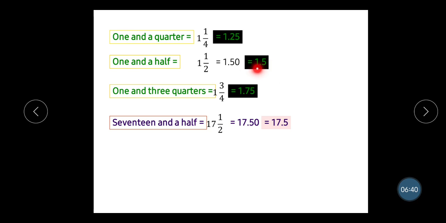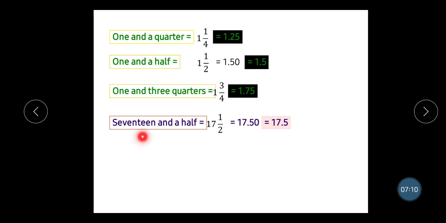Both the things mean the same. Next, 1 and 3 quarters. 1 and 3/4 is a mixed fraction. Now 3/4 we know is written as 0.75. So 1 plus 0.75 we will get 1.75. So 1 and 3 quarters in decimal form is written as 1.75.